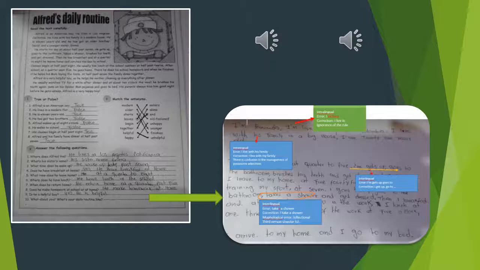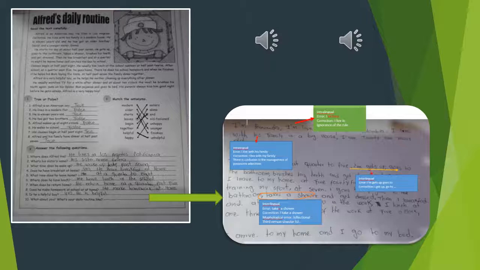In the last point, Fernanda has an interlingual error that reflects that she doesn't know some grammar rules, because she wrote "I'm lifts", and the correct form is "I live in".